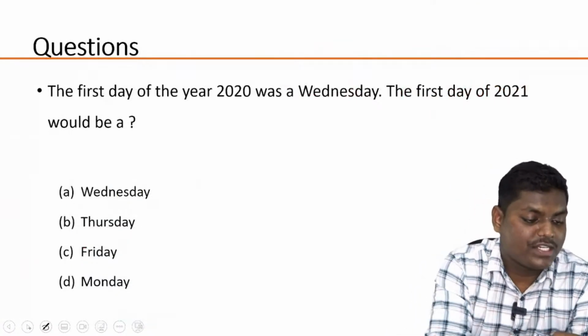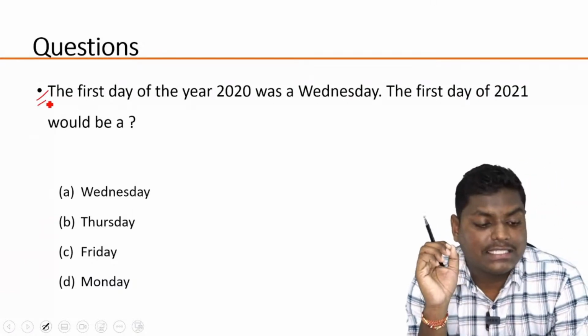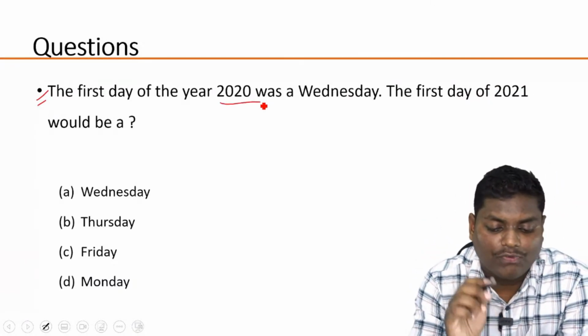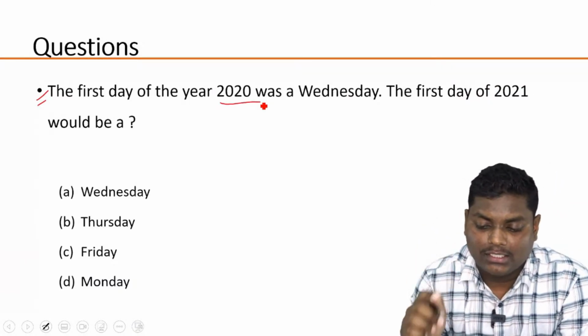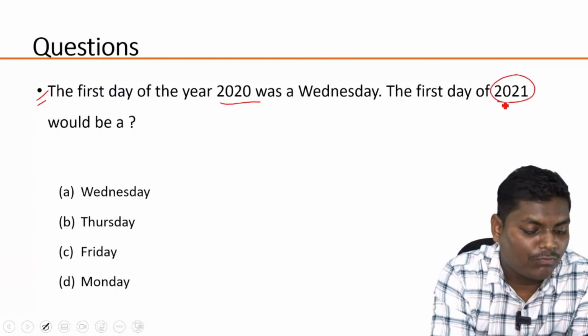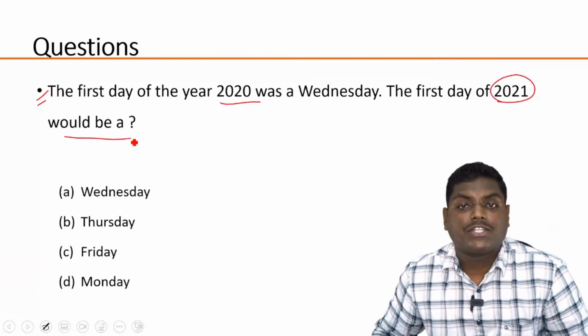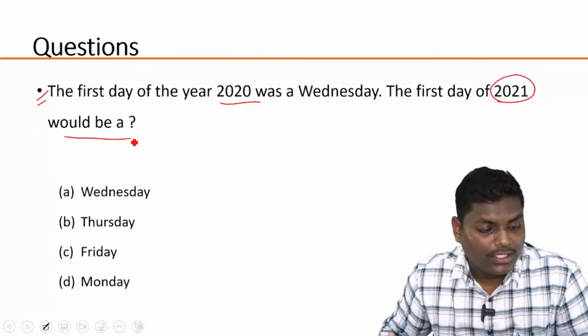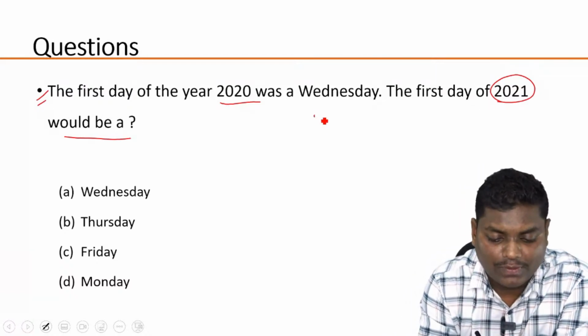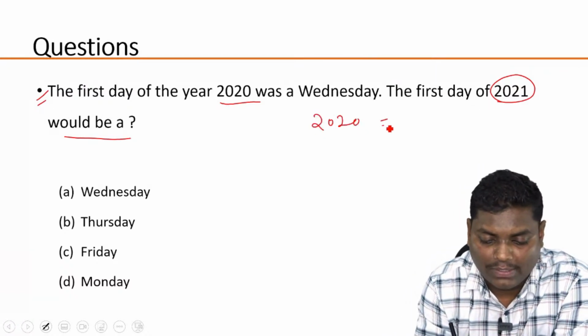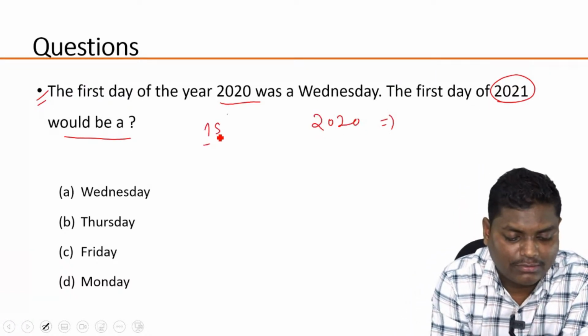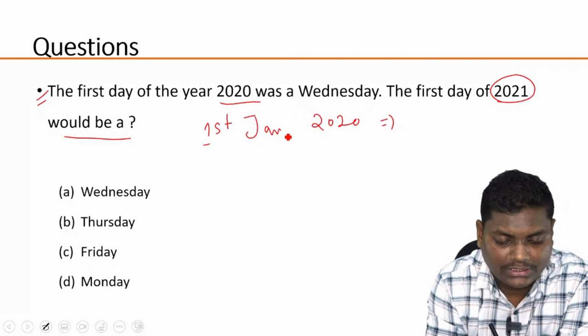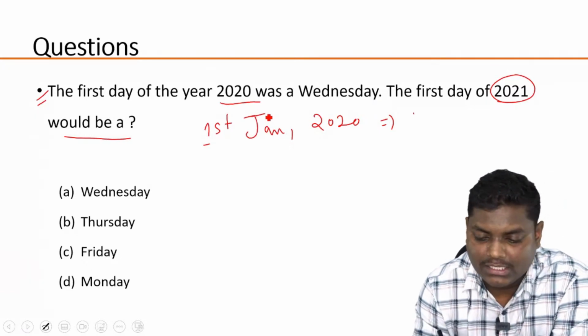Now, this is the first question that I'm posing. The first day of the year 2020 was a Wednesday. The first day of 2021 would be, try and solve this question along with me. The first day of the year 2020 is Wednesday. So let's say 1st Jan 2020 is a Wednesday.